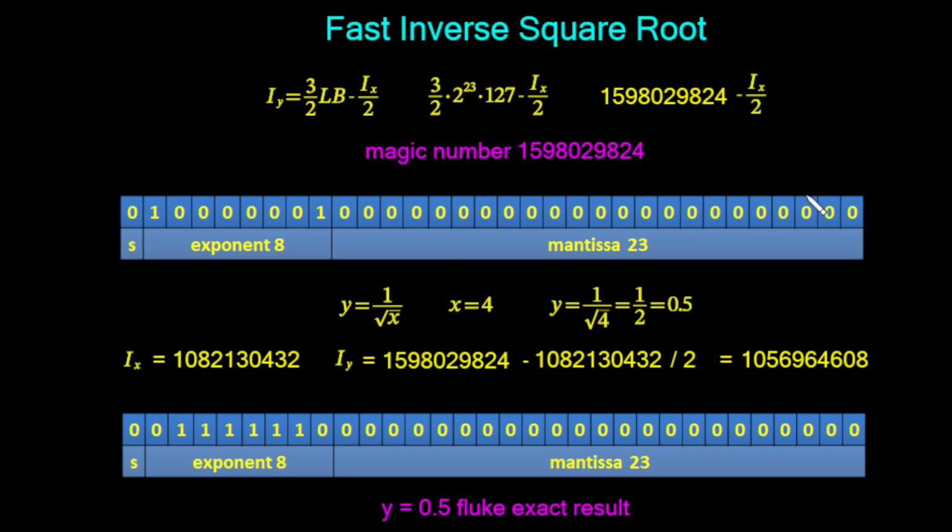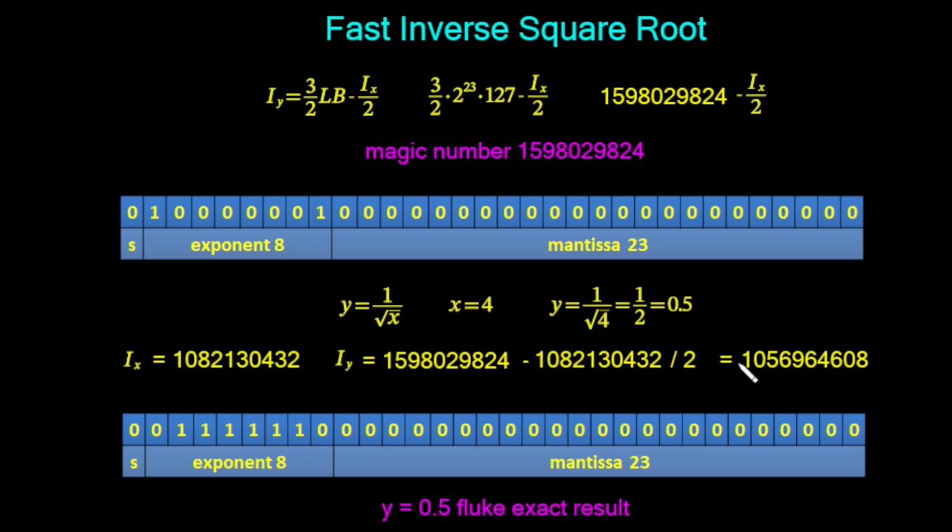So we take this here, which is our ix, we take this here, which is our floating point number, and then we generate ix. So we just change this into the actual integer representation. So the integer representation is this number here, which we've seen in a previous video. So the value for our iy is going to equal the magic number minus this number here divided by 2.